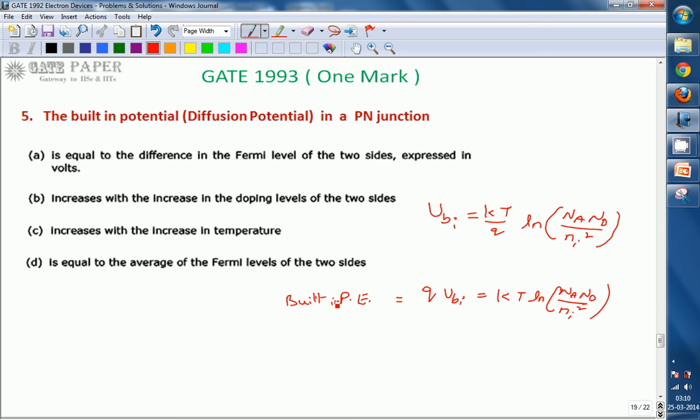And if you want to express the built-in potential energy in terms of volts, the above equation can be used.